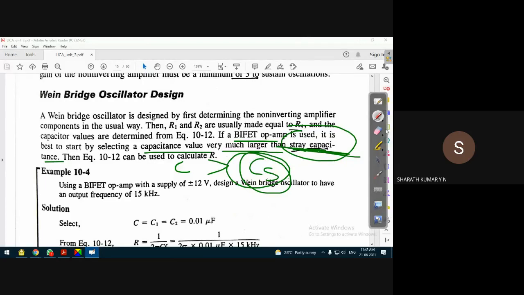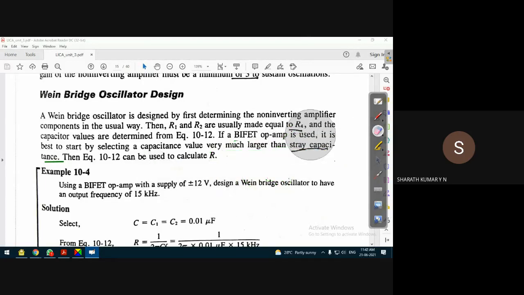There is a reason for that, but we'll not go into that discussion. So for a bi-FET op-amp, the capacitance value we select should be greater than the stray capacitance, and the design should start with the selection of a capacitance. For a BJT based op-amp, we can start with the selection of the resistor first, and from that select the capacitor value.